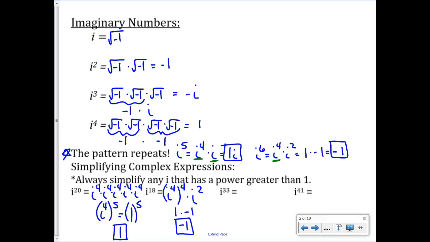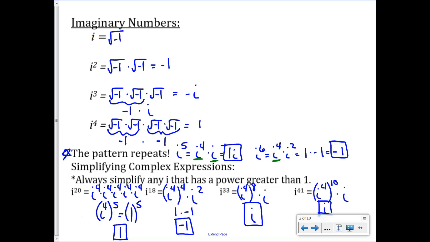Well, i to the fourth 8 times gets us to i to the 32nd, and then we have 1 i left over. So our answer here is just i. i to the 41st, we have i to the fourth 10 times, and then we have 1 i left over. So just i is our answer there.